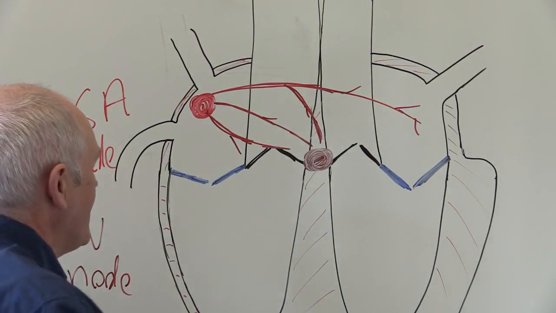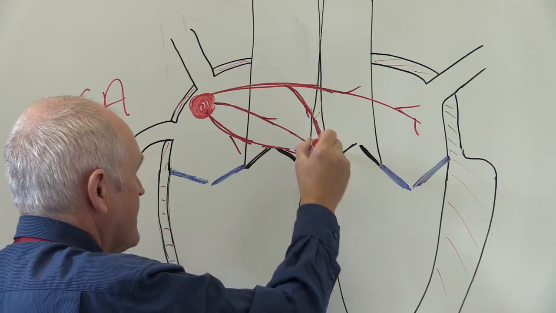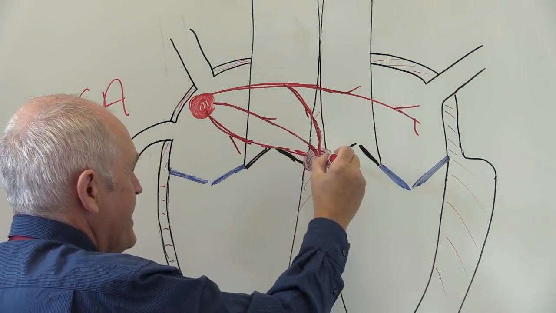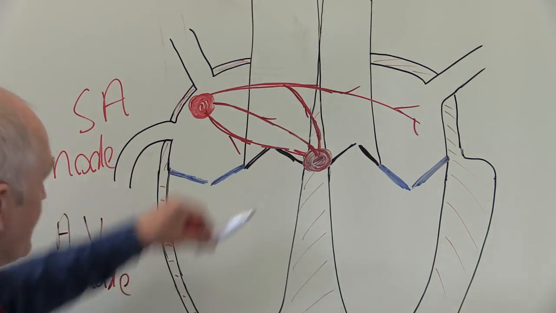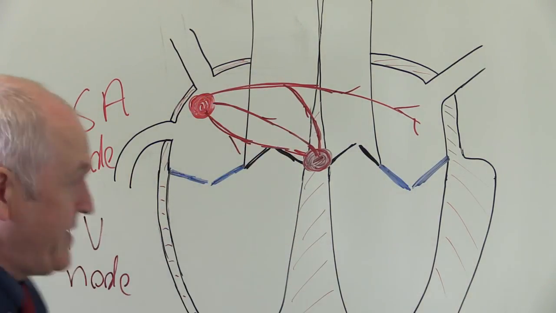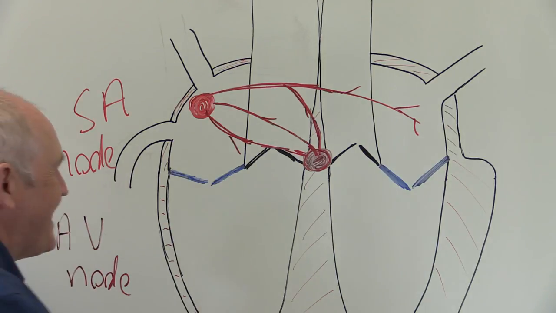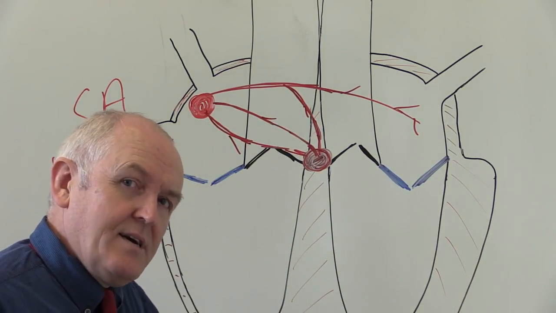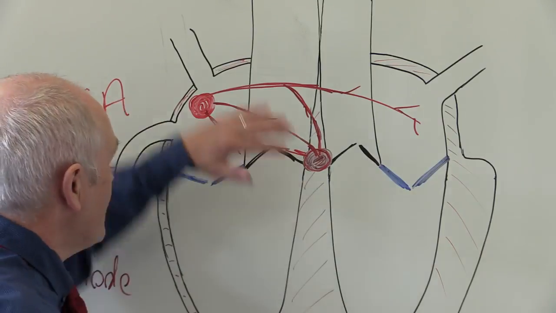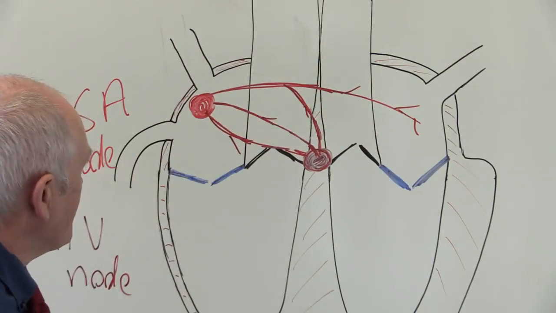And these pathways converge at this node here, which you might remember as the AV or the atrioventricular node. And it's useful sometimes to describe this as a collecting node. It collects the impulse from the atria.